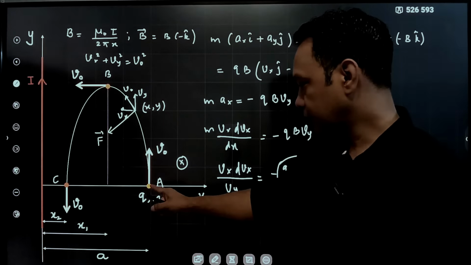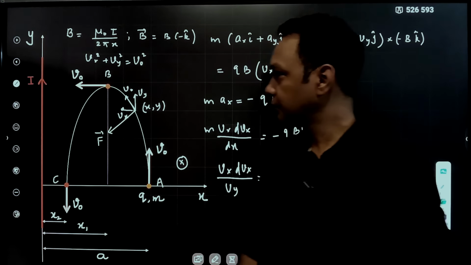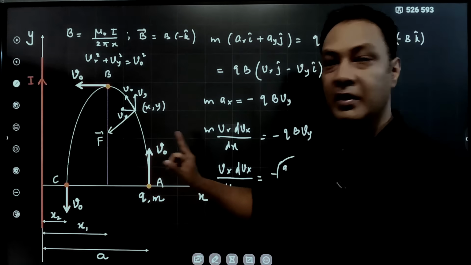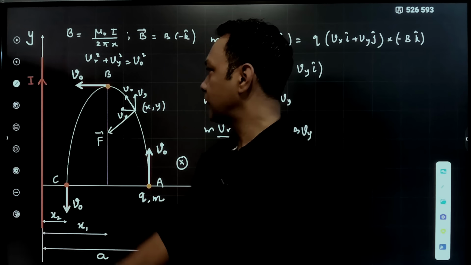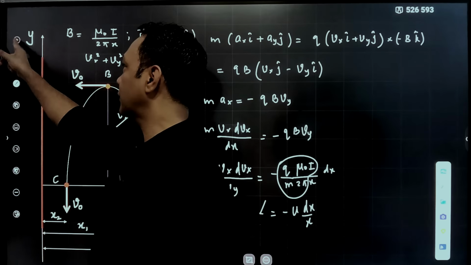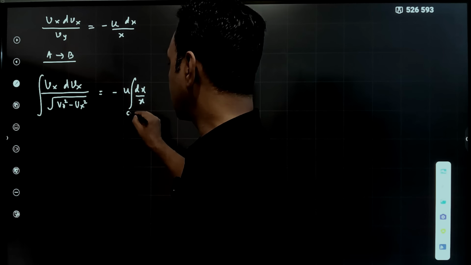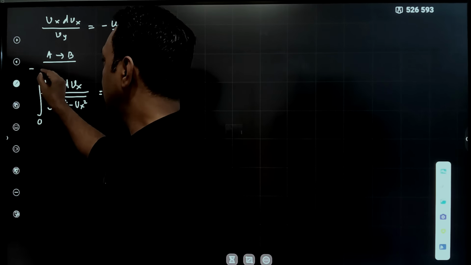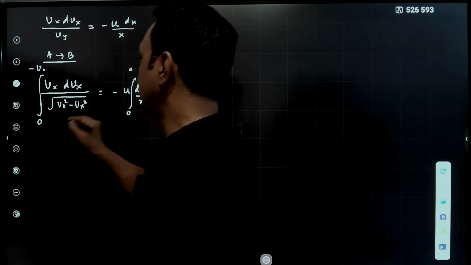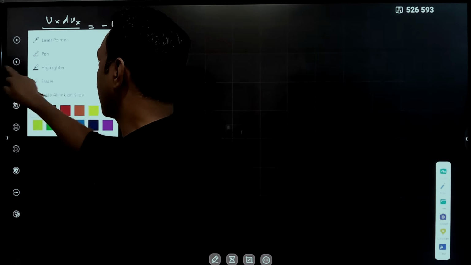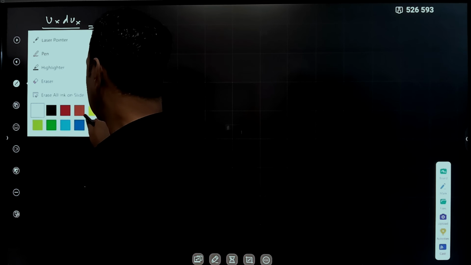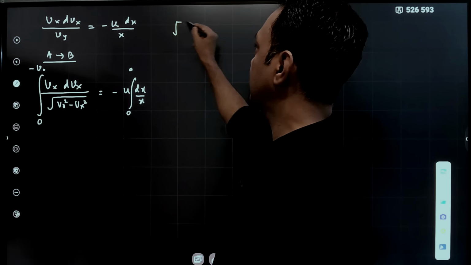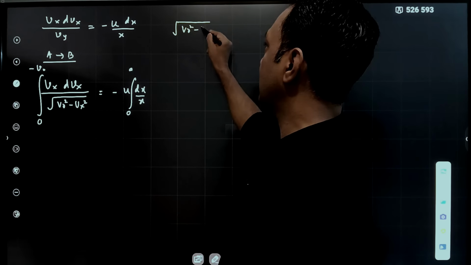At A, x is equal to small a. At B, x is equal to x1. At A, Vx is 0. And at B, Vx is minus V0. So put the limits here. This goes from a to x1, and this goes from 0 to minus V0. This is a simple integration. What we will do is take this thing, the square root of V0 square minus Vx square.